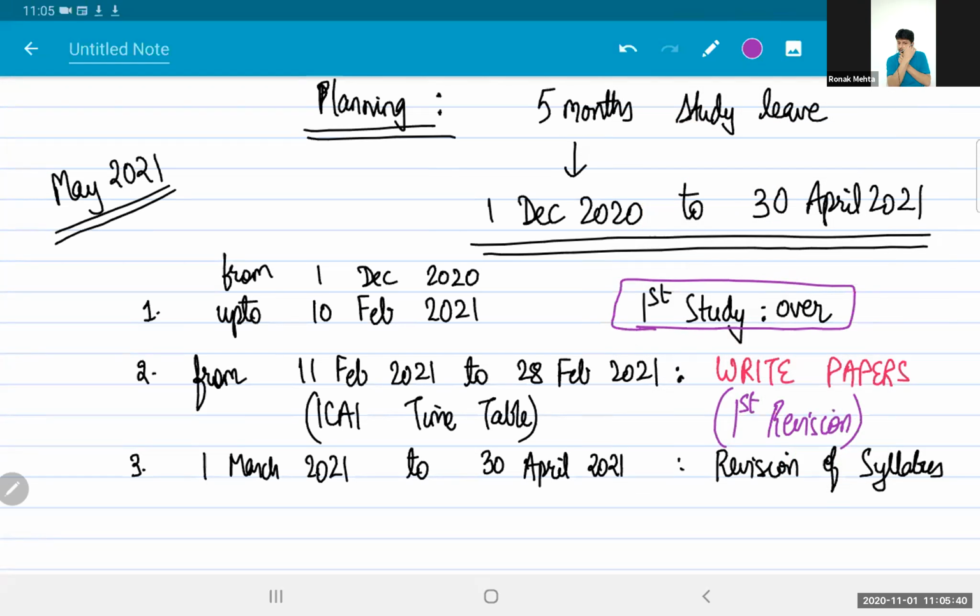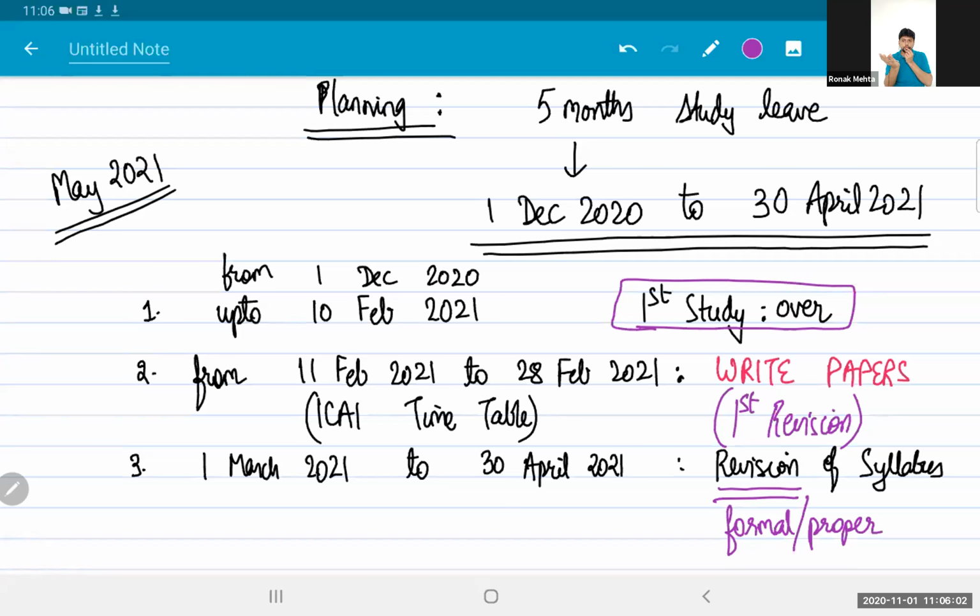You have devoted 1.5 days. You studied the whole syllabus. And then on the day of the exam, you have written the paper. That is what you're going to do in the month of May also. So in the month of February, when you will be writing papers, you'll be doing the same thing. And then this is a formal revision, a proper full-fledged revision of your syllabus.